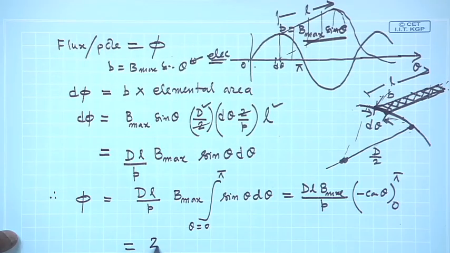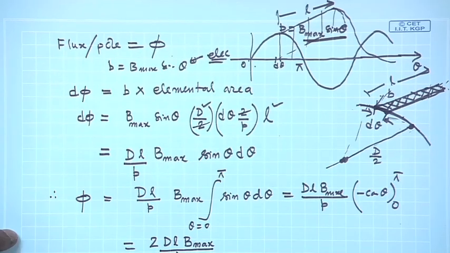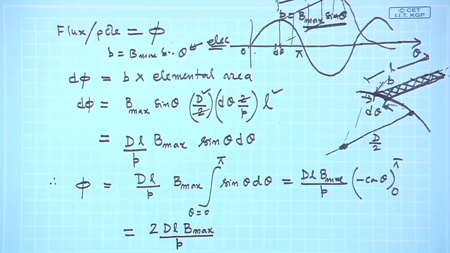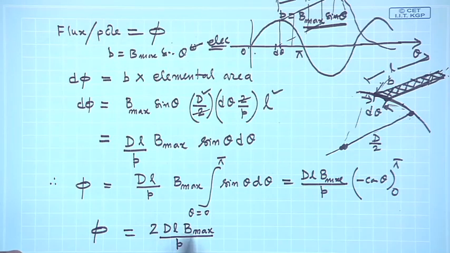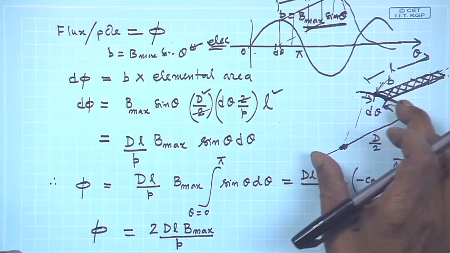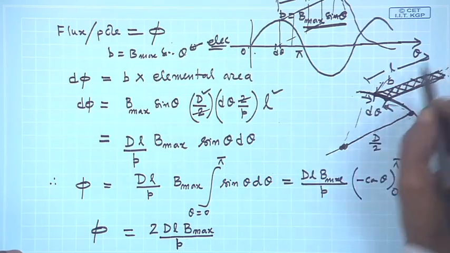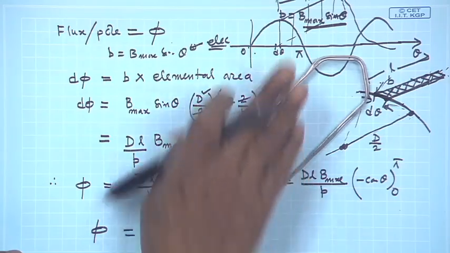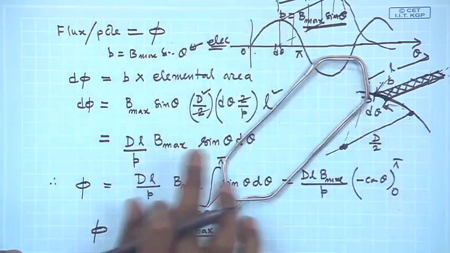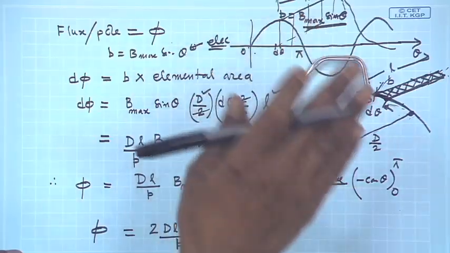So this will be twice D L B max by P. So flux per pole is like this, but we must understand what each term is. D is diameter, L is the active length of the motor along this, over which B is like this, not a single curve, it is a wave.